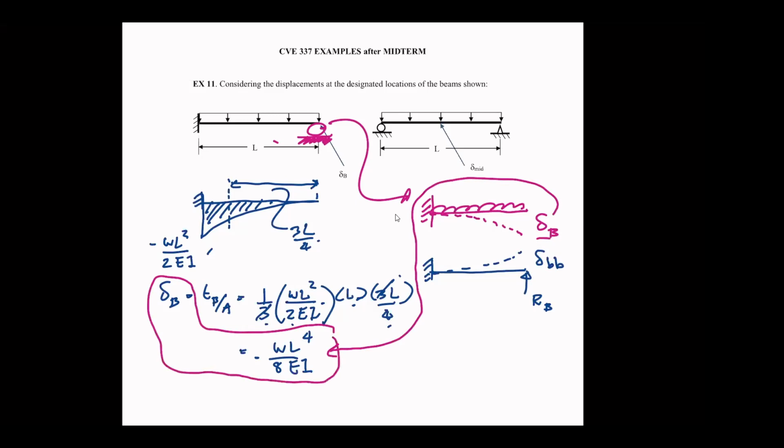But you can also calculate your delta BB here, but the answer will be in terms of RB. And you can therefore establish your compatibility equation saying delta B plus delta BB equal to 0.